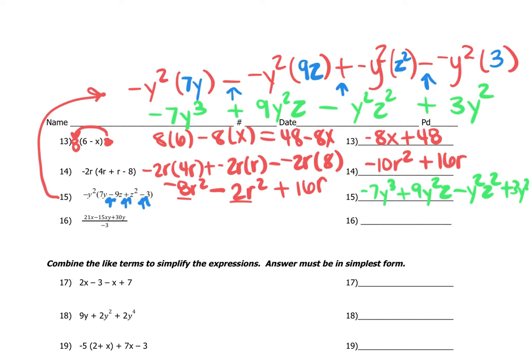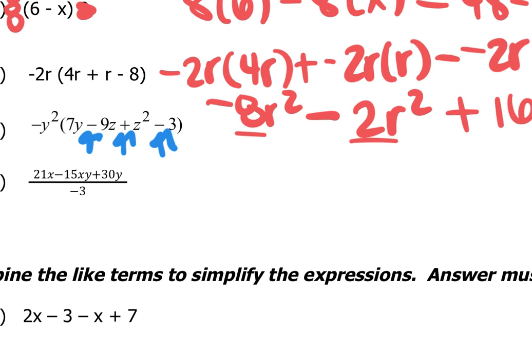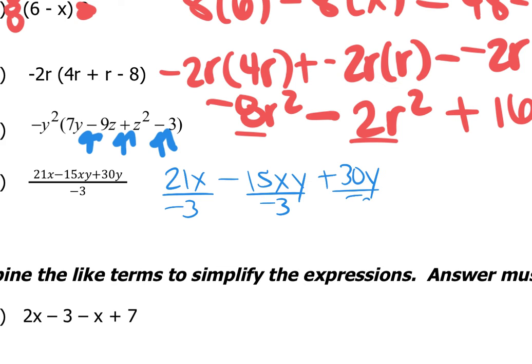The last one, number 16, we'll be using that distributive property of division. We'll take that denominator and put it underneath each one of our terms in the numerator. So we'll have negative 3, and negative 3. And then we'll just simplify. 21 divided by negative 3 is negative 7. Bring down the x.